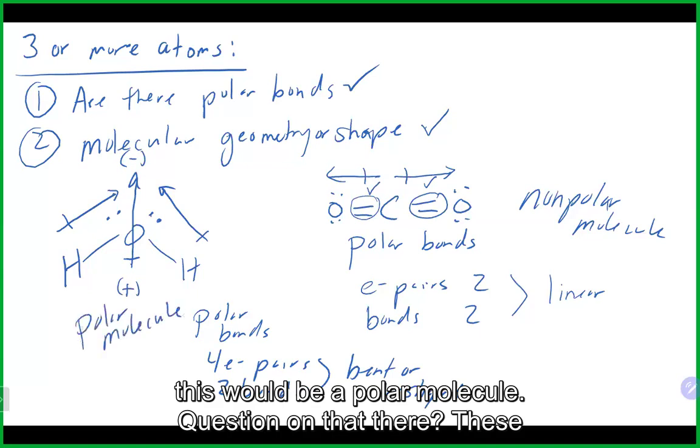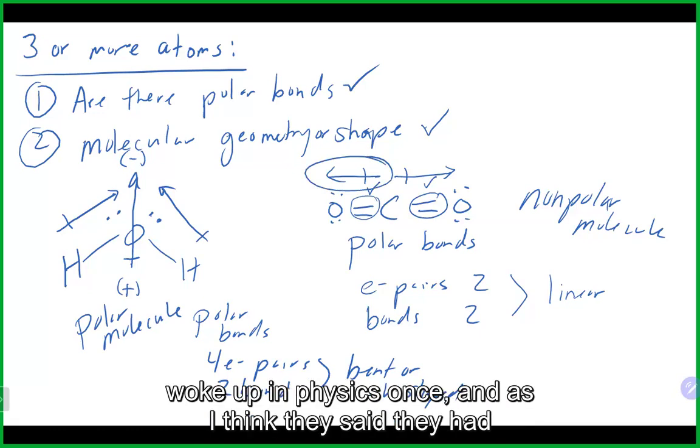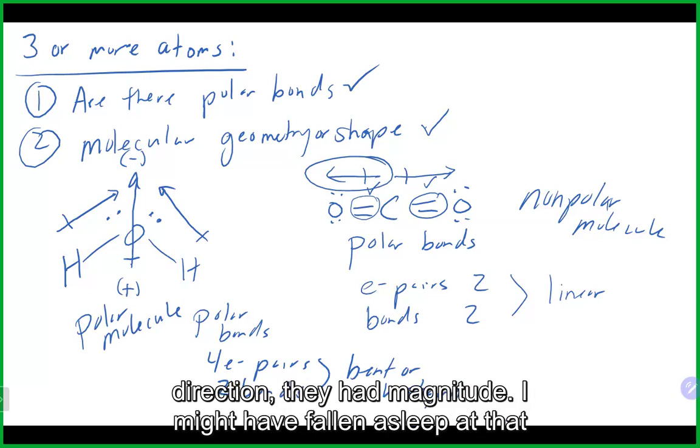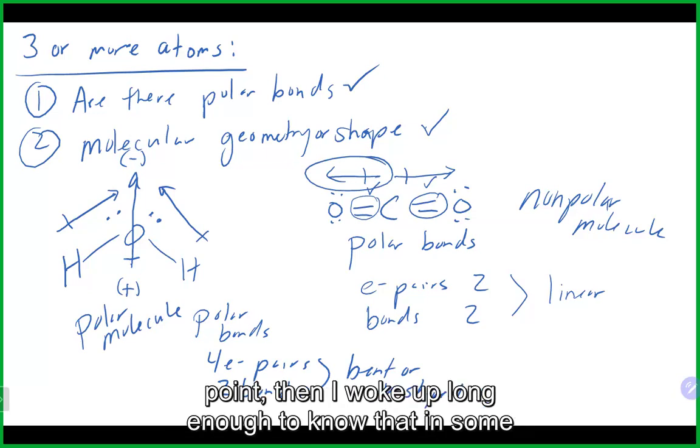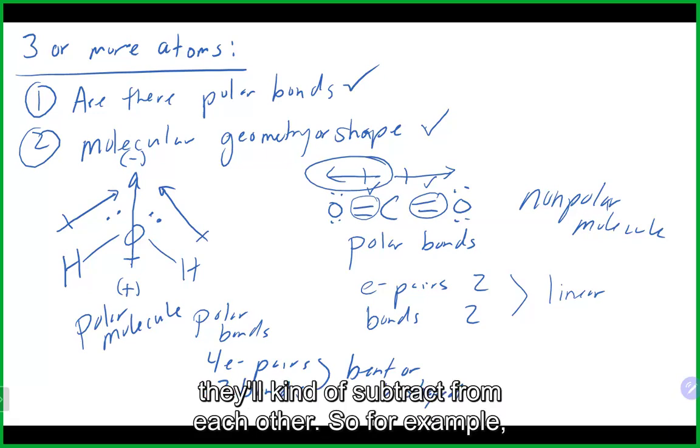Question on that there. These little bond dipole arrows that I drew, they are vectors, yeah? I woke up in physics once, and I think they said they had direction, they had magnitude. I might have fallen asleep at that point. Then I woke up long enough to know that in some cases, they actually will add to each other, and in other cases, they'll kind of subtract from each other.